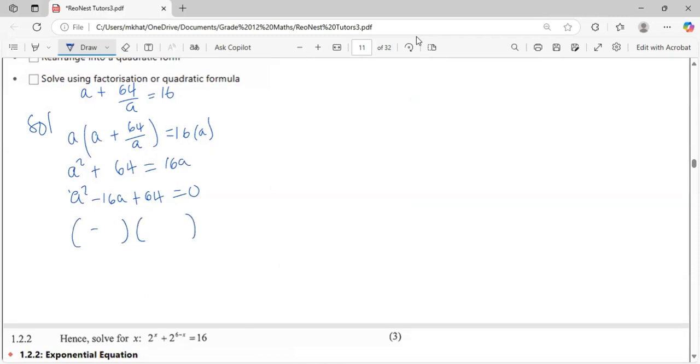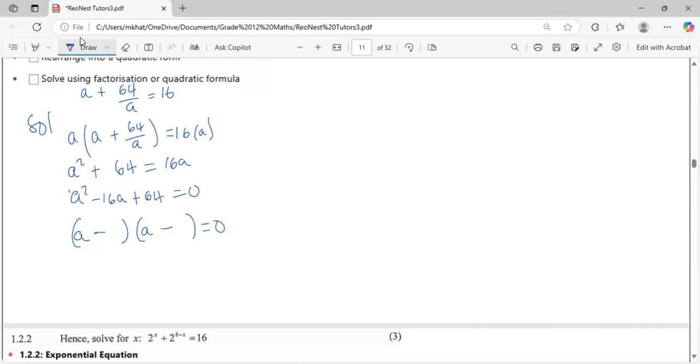So now, since it's in a standard form, I am going to look for a. As we did with the first question, I'm going to look for two numbers that when I multiply them, I'm going to get a positive 64 and when I add them, a negative 16. So this tells me I'm going to have a negative and a negative. So I can find the factors of 64, and at the back of my mind, I know that 64 is a perfect square because I'm going to have two numbers multiplying each other, which is 8 and 8.